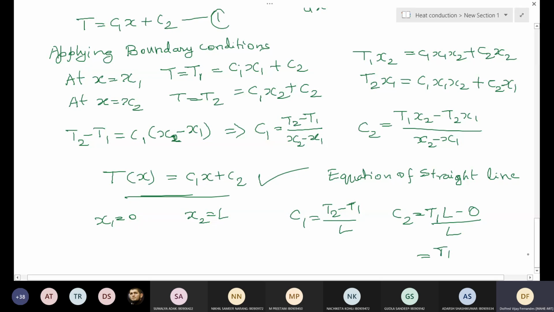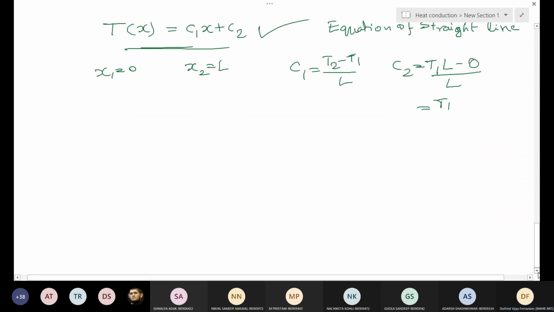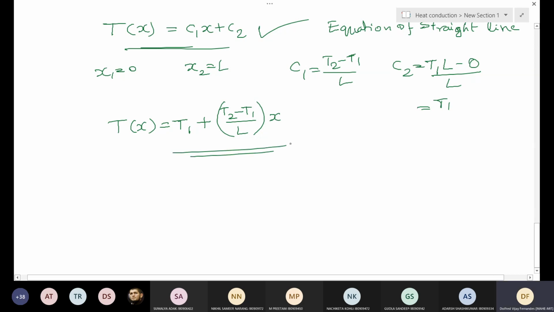Now you can easily write that profile: T of X equal to C2, which is nothing but T1, I'll write first, plus C1, which is T2 minus T1 divided by L, into X. So tell me the quantity in the bracket, whether it is positive or negative for the figure shown above.